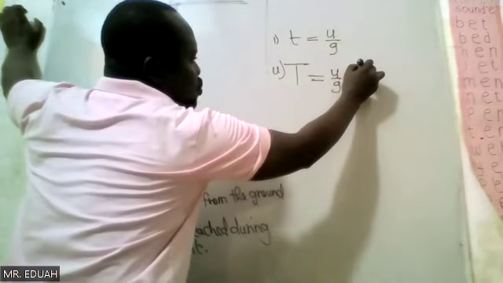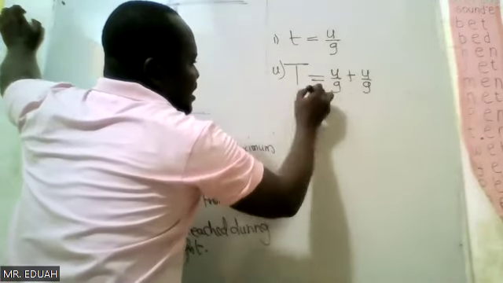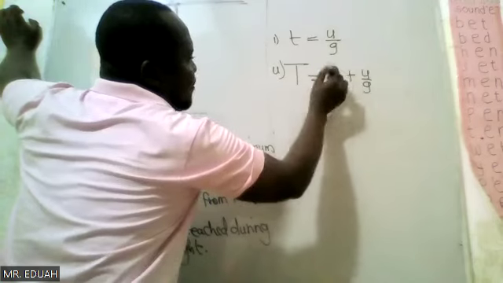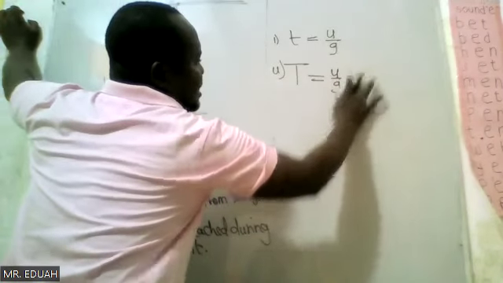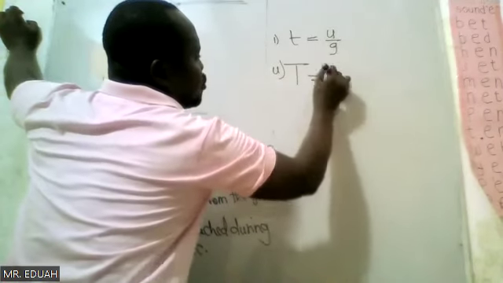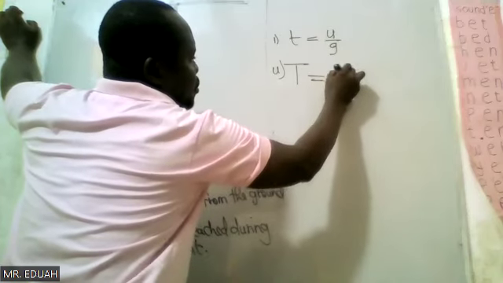So this will be 2 times U over G again. So we more or less have 2 times U over G.